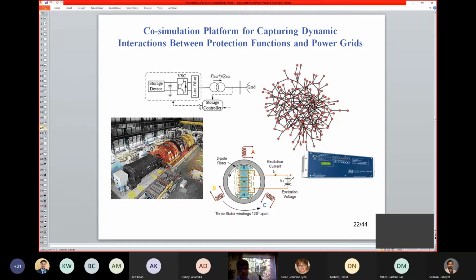So the problem that we captured here was how to develop the co-simulation platform to capture the dynamic interaction between protection function and power grids. And we have seen that in so many blackouts that happen in the power grid. The protection functions that are dependent on power system dynamics may misoperate. We have seen that in ERCOT, in the 2003 blackouts, and in so many recent power outages of inverter-based devices.